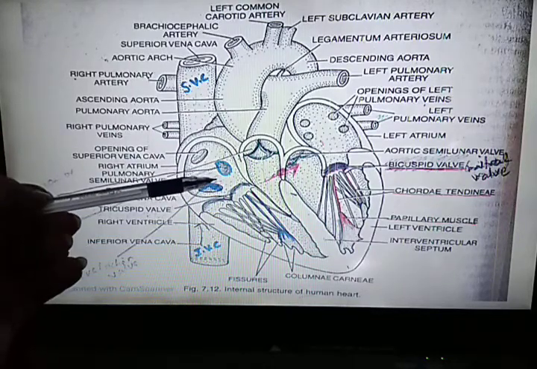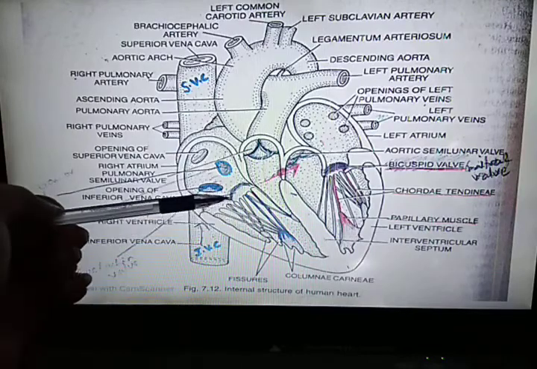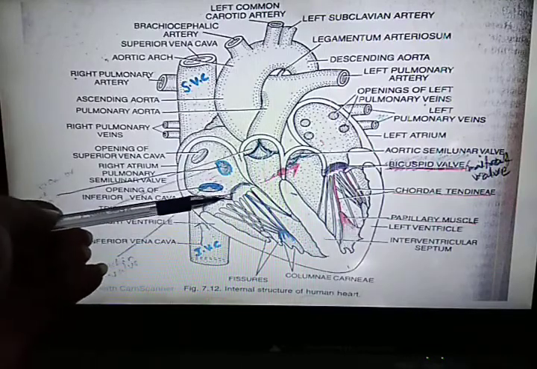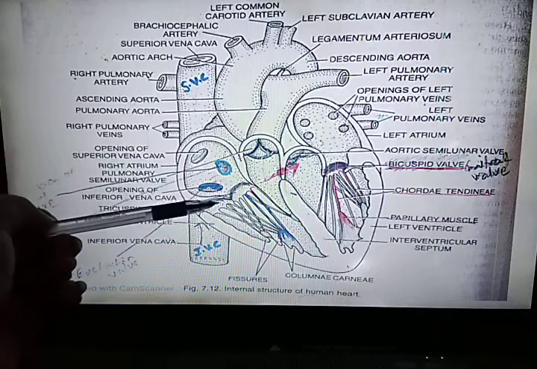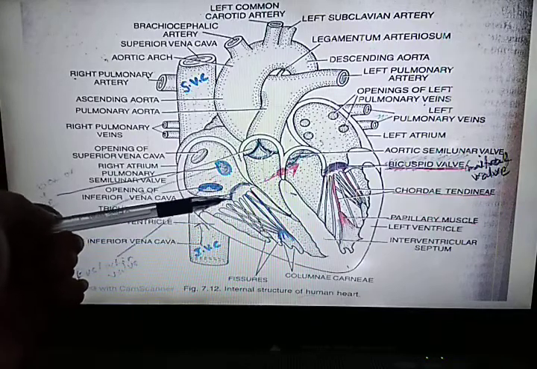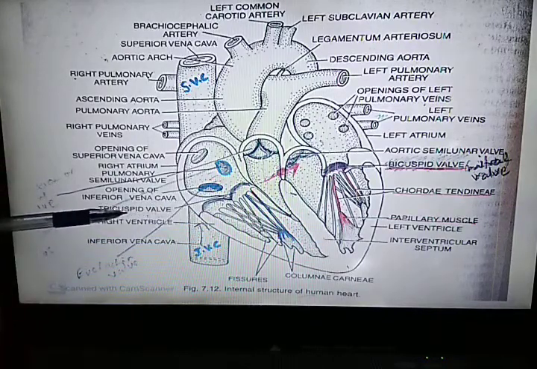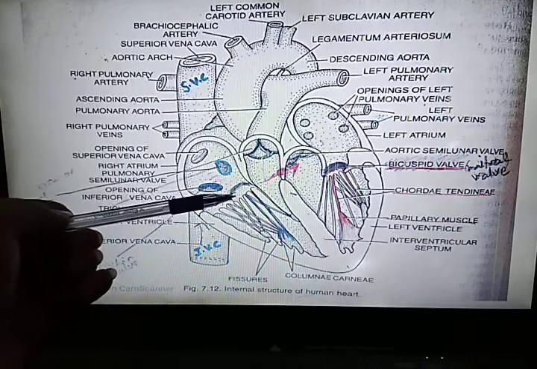Then in between the auricle and ventricle, an aperture is present, known as the right auriculoventricular aperture, and this aperture is guarded by a valve known as the right auriculoventricular valve or tricuspid valve. Commonly we call it the tricuspid valve because it has 3 flaps.